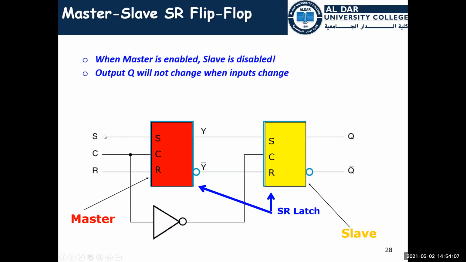At first the input from S is moving to Y, and then after the other is enabled, the value of Y is moved to Q. That's why master slave means it is not transparent: the output Q will not depend entirely on S directly. Q will not be reflecting the input immediately because we have a transition state in the middle.